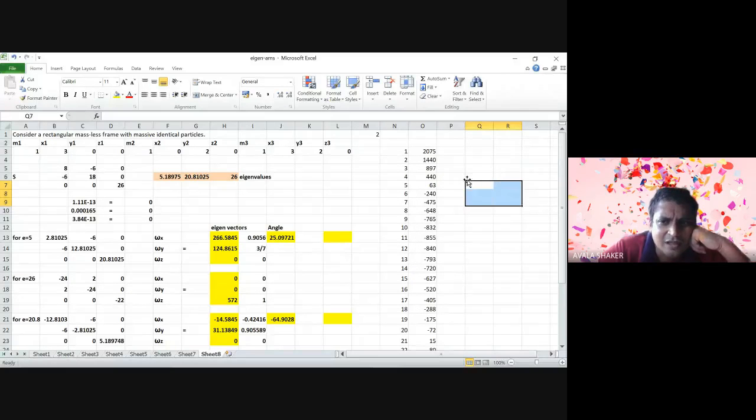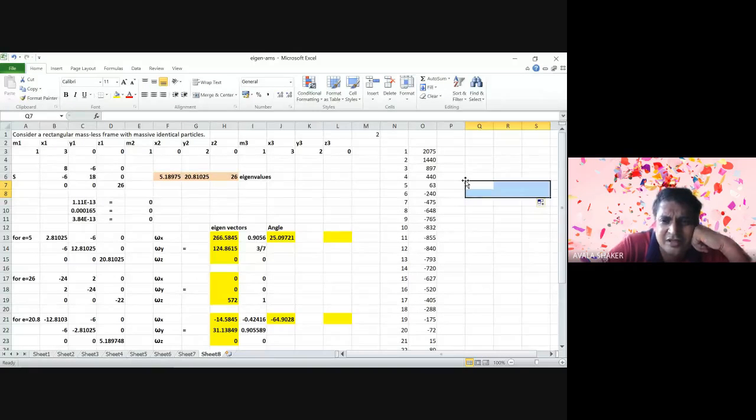The length is 3 units, and the breadth is 2.